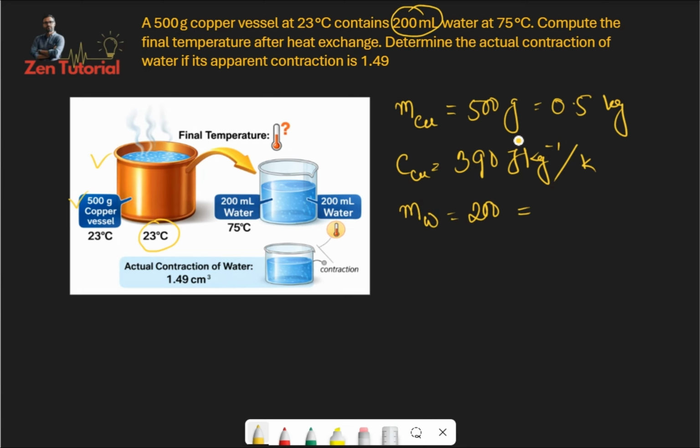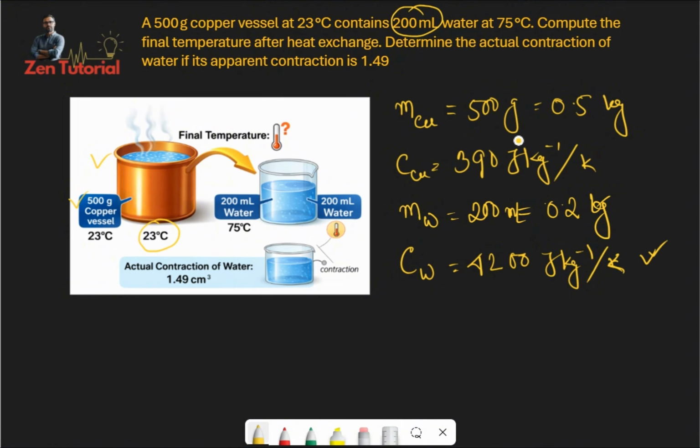So we could write down, convert into kgs, that is 0.2 kgs. And the specific heat of water, this is well known. To all among the students, we know that 4200 joule per kg per Kelvin.